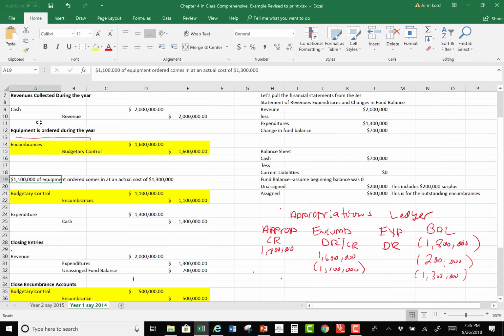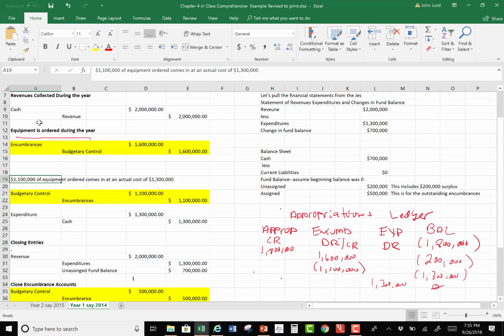But then I have to record the expenditure for the actual amount, don't I? And the actual amount on this was 1,300,000, right? So when I now debit expenditure for 1,300,000, my appropriations ledger is showing me what? Showing me 0, isn't it?